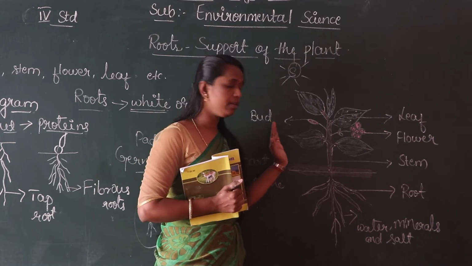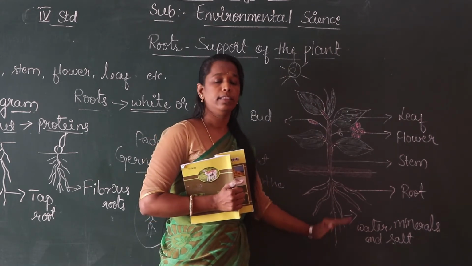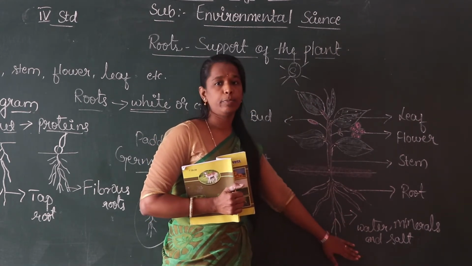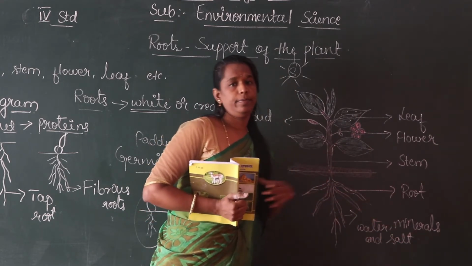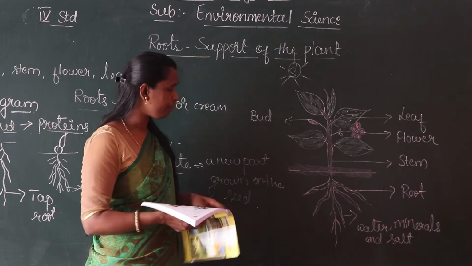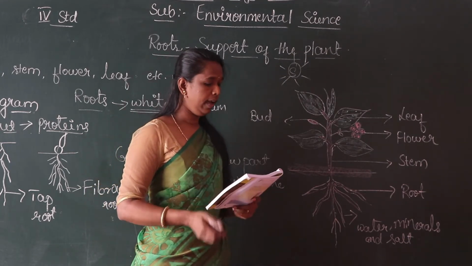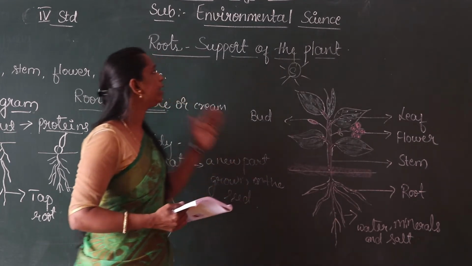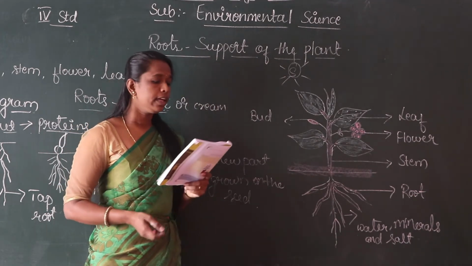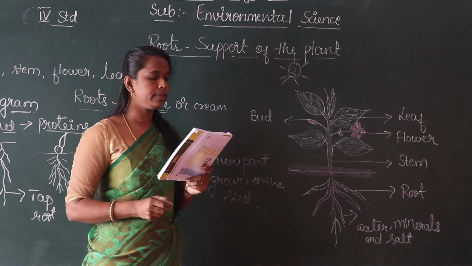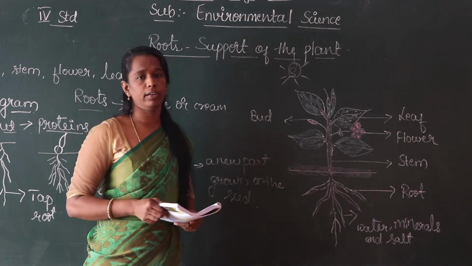So here we observe that the function of the root is transportation of water, minerals and salt. How do we conclude that the roots support the plant? Root webs conserve soil particles and water.